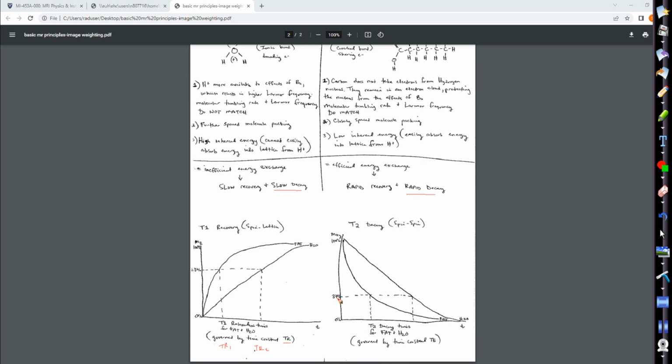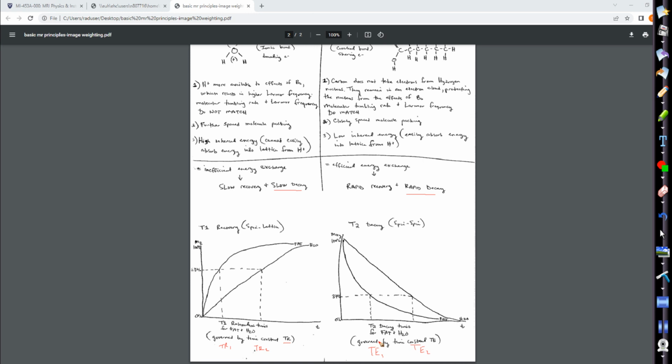So then at 37%, we draw our line over, you can see that we have T2 decay times for fat and water, and it's governed by time constant TE, so we have two separate TEs. TE1, which would be for fat, and TE2, which would be for water. Okay. And once again, you can see that water would have a longer TE than fat.